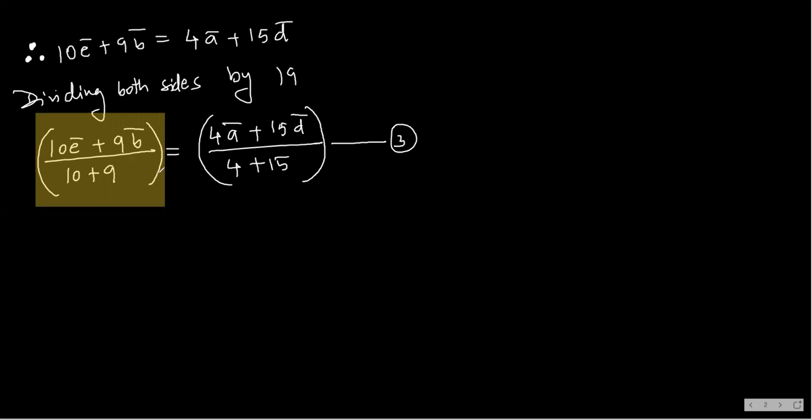It is the position vector of a point which divides segment BE internally in the ratio 10:9.